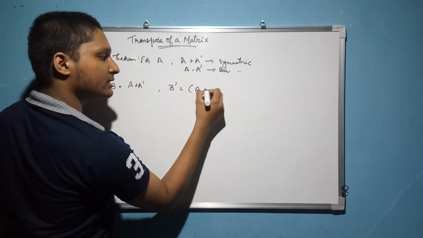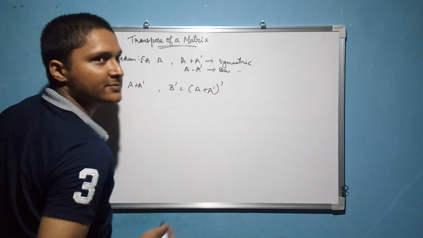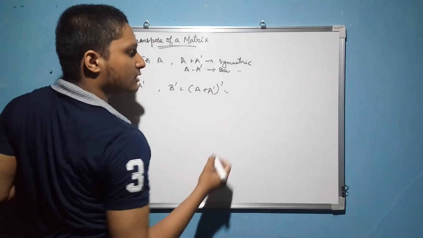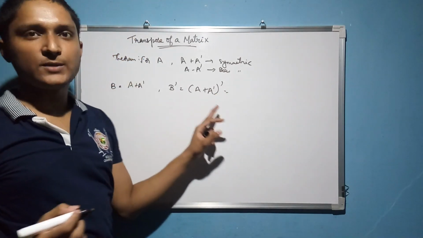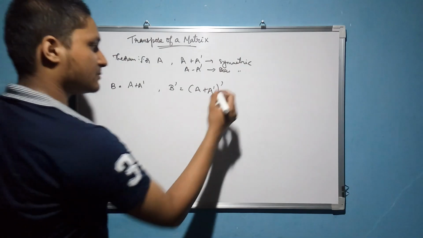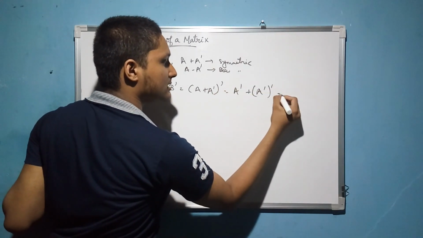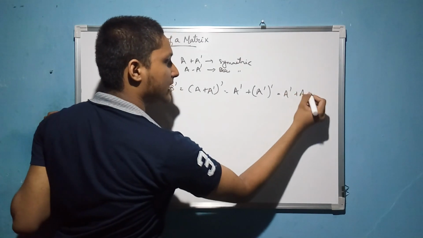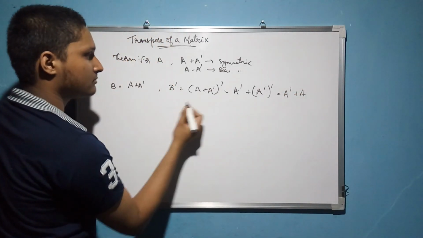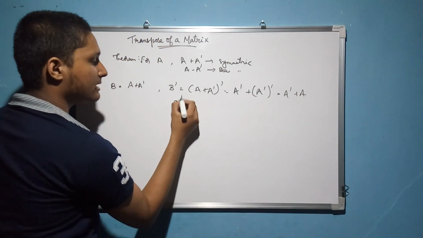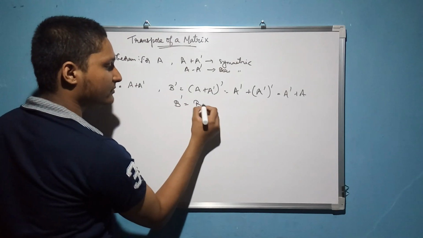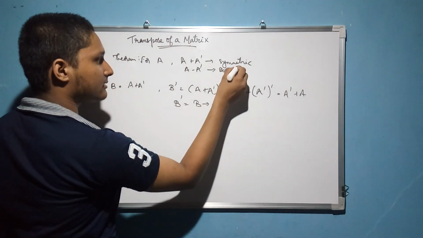That is equal to A plus A transpose whole transpose. Since A plus B whole transpose is A transpose plus B transpose, A plus A transpose whole transpose is A transpose plus A. Okay, that is equal to B. Therefore B transpose is equal to B. Therefore it is symmetric.